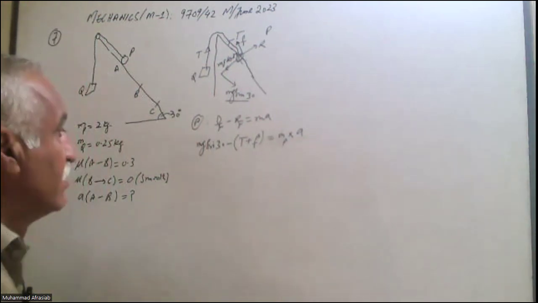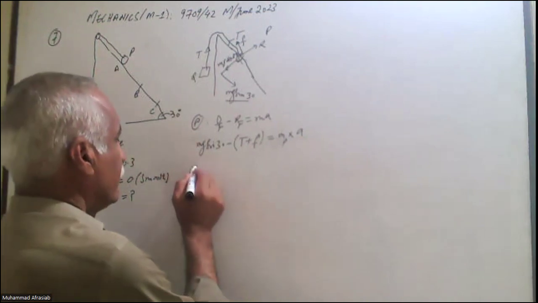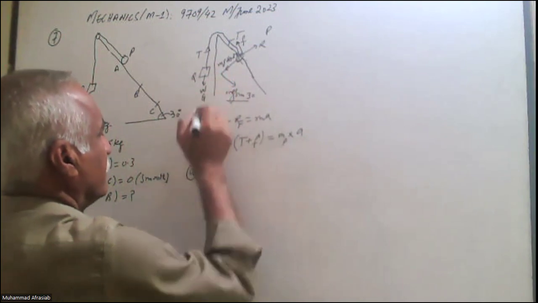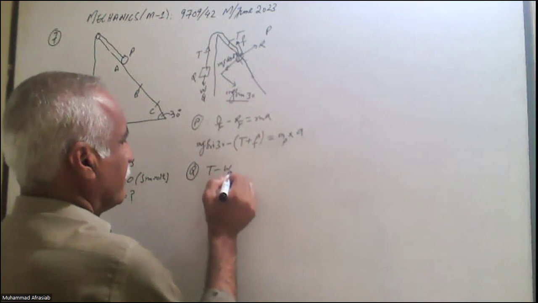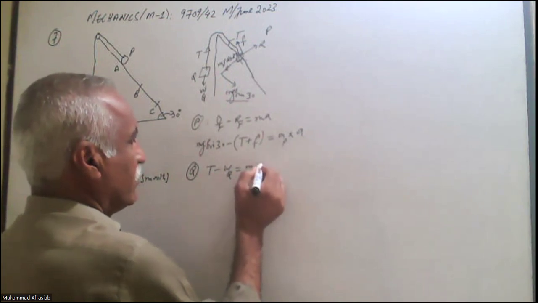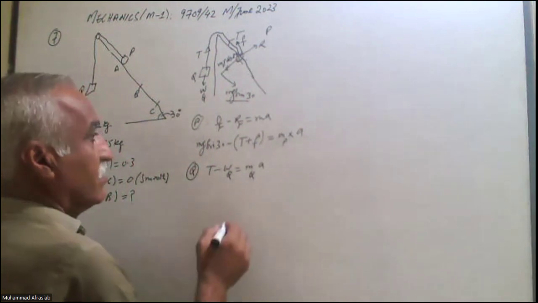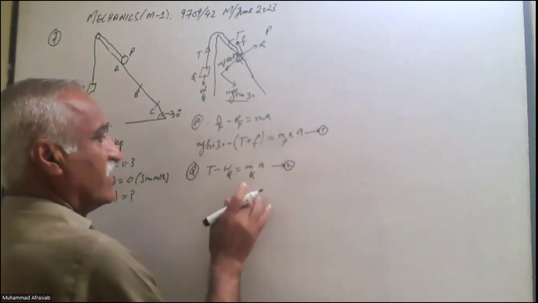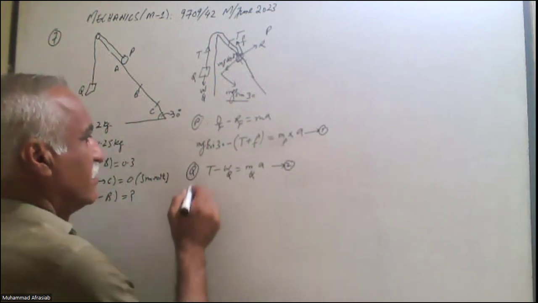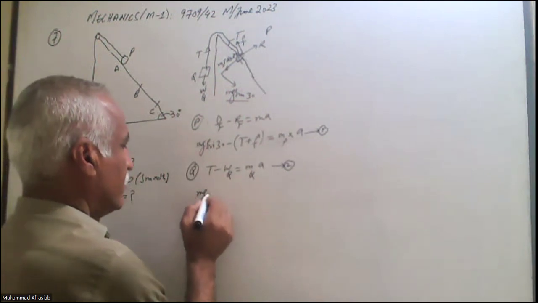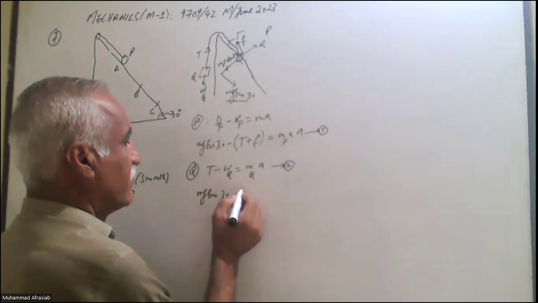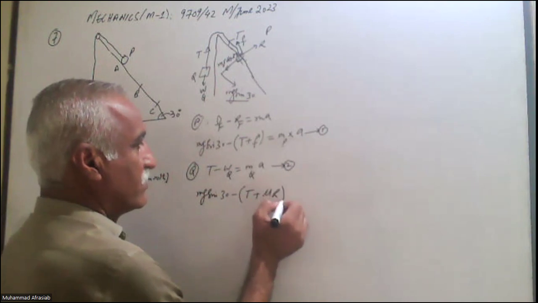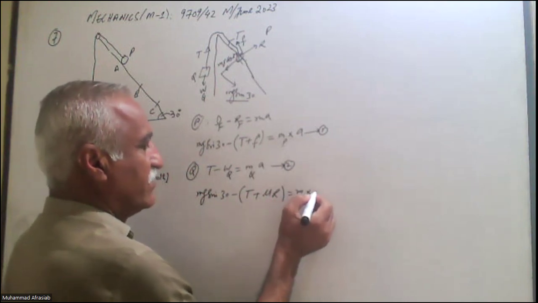Then for particle Q, the weight acts vertically downward. So tension minus weight of Q is equal to mass of Q into acceleration a. So this is equation number 1 and this is equation number 2. Now we put the values into these two equations. Here mg sin 30 minus tension plus frictional force, which is equal to mu R, is equal to mass of particle P into a.